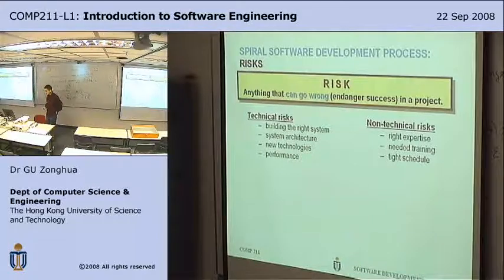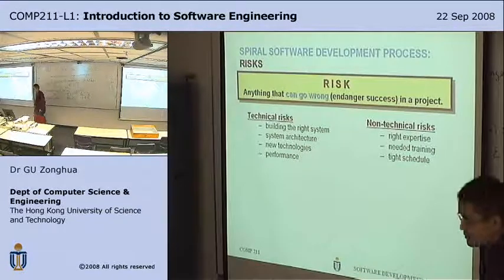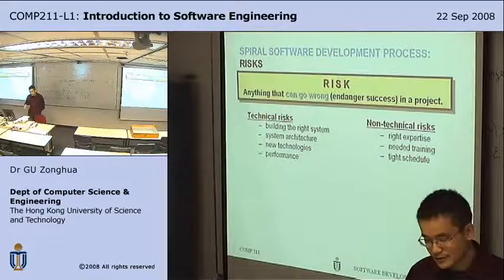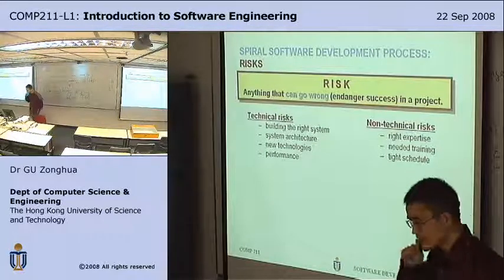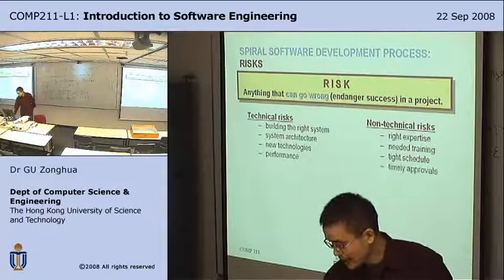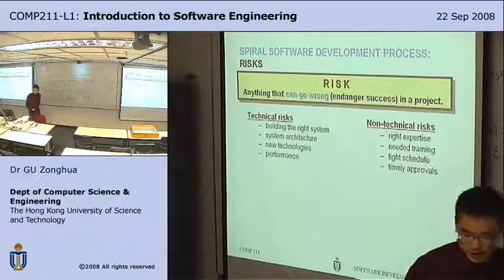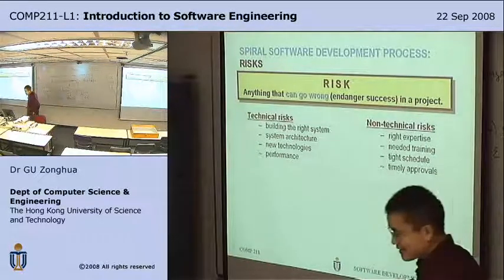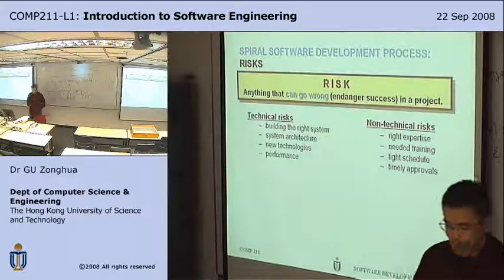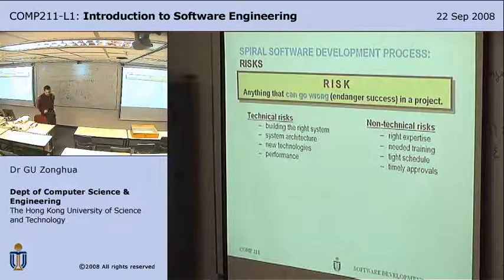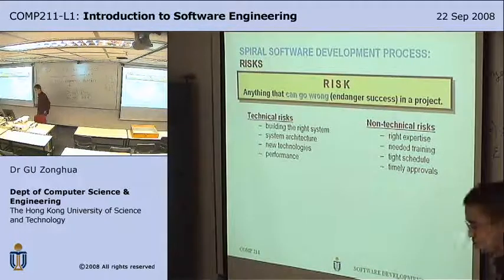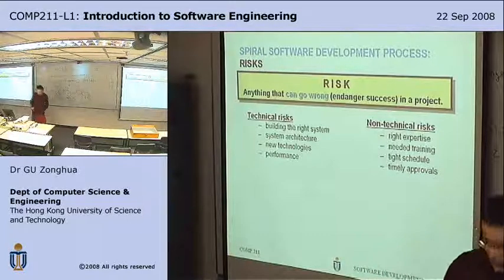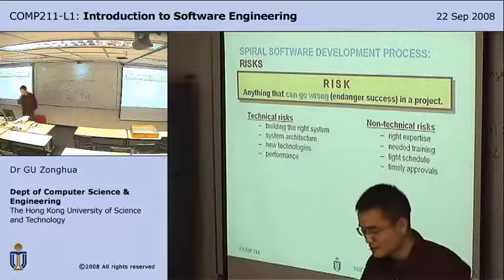Can you throw away part of the system in the middle of the project and redo it in the face of a tight schedule? And timely approvals. So approvals from the client, can you get them in time? If you need to modify some requirements and you seek client approval, do they take a month to get back to you, or 1 day?